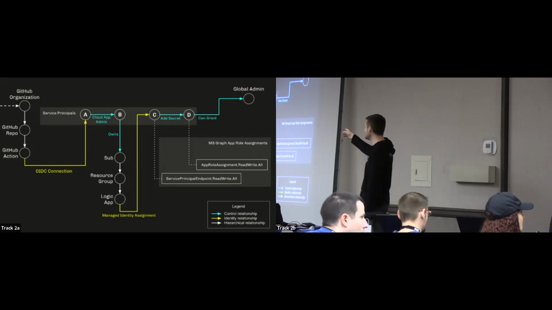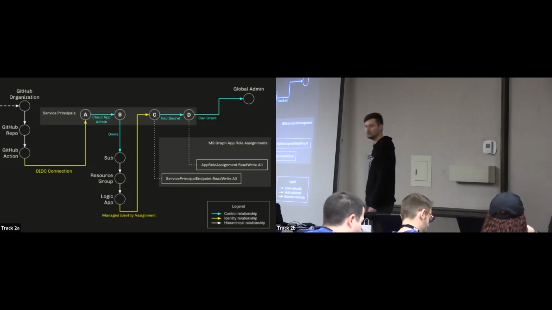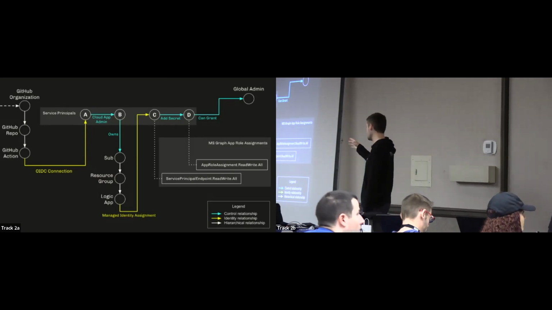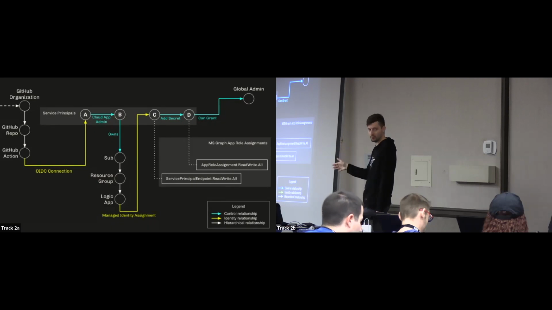Service principal D has the MS Graph app role assignment called, bear with me, AppRoleAssignment.ReadWrite.All. That means that service principal D can grant itself or other service principals any other app role for any resource app.